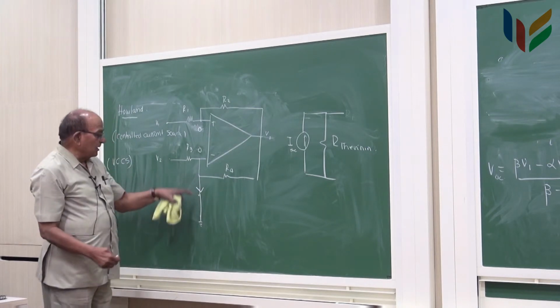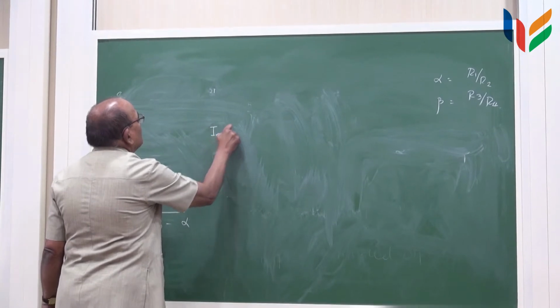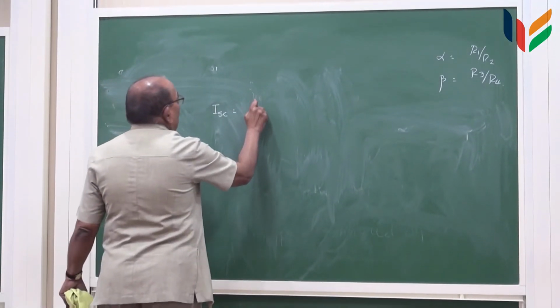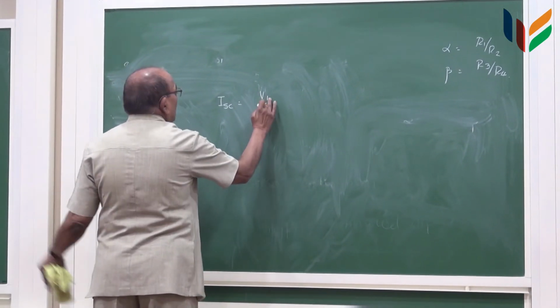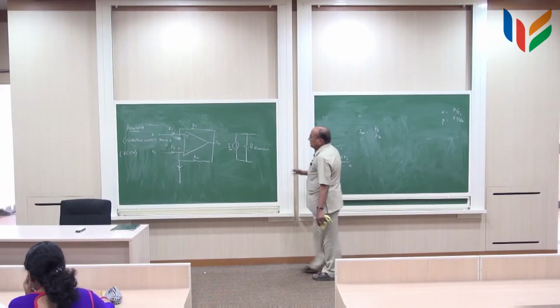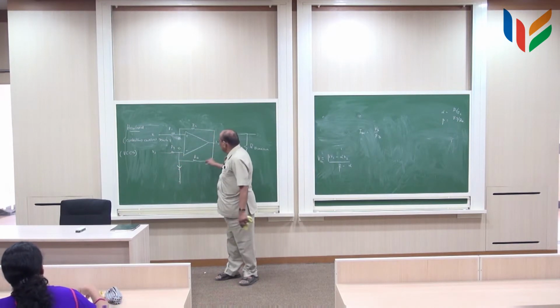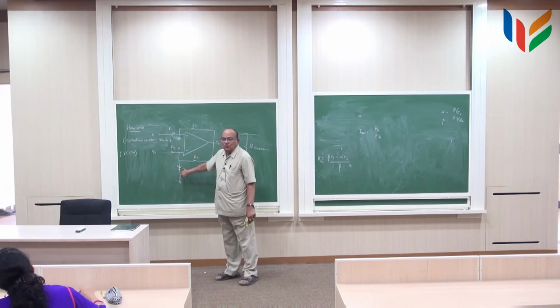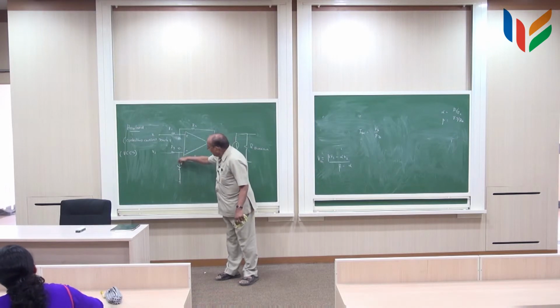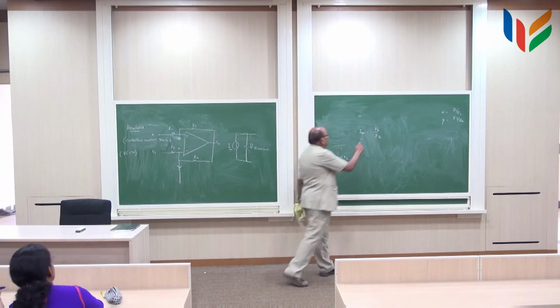Right. So the current coming through this, ISC, will be equal to V2 divided by R3. One current. The second current is V0 by R4. These two currents will add to give you ISC. So this is equal to plus.